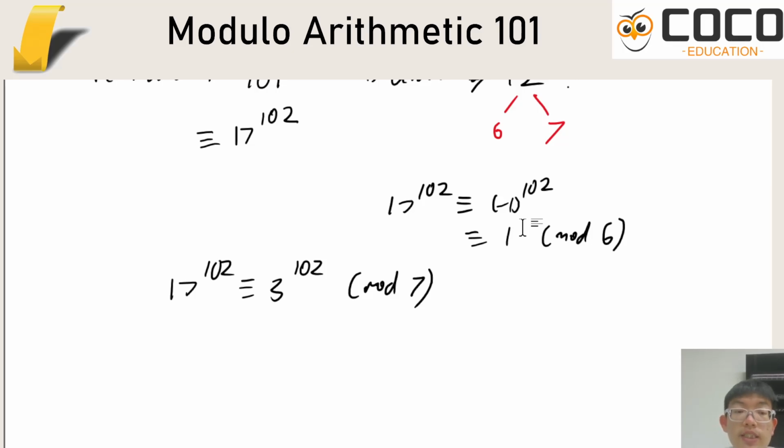If we don't see a simple way to reduce it any further by, let's say, changing it to a smaller representative, then what we will do instead is to find a pattern. This is how it goes.